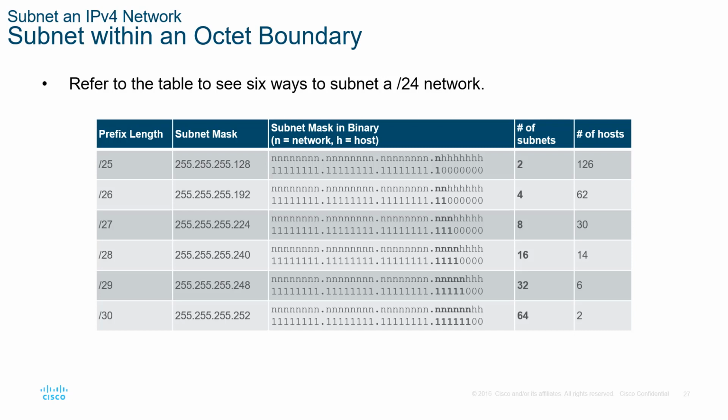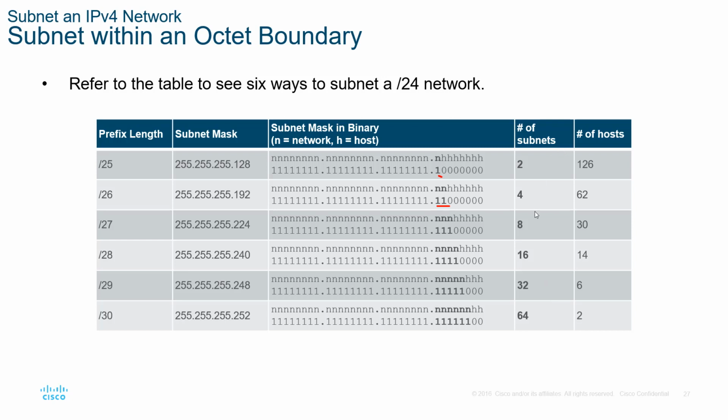So with this /25, we have 1 bit in the 4th octet. 2 to the power of 1 is 2. Here we have 2 bits. So 2 to the power of 2 is 4. Here we have 3 bits. 2 to the power of 3 is 8. And so forth. That's how we get the number of subnets.